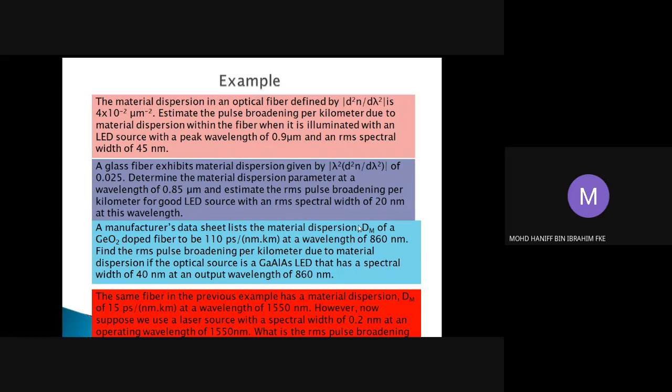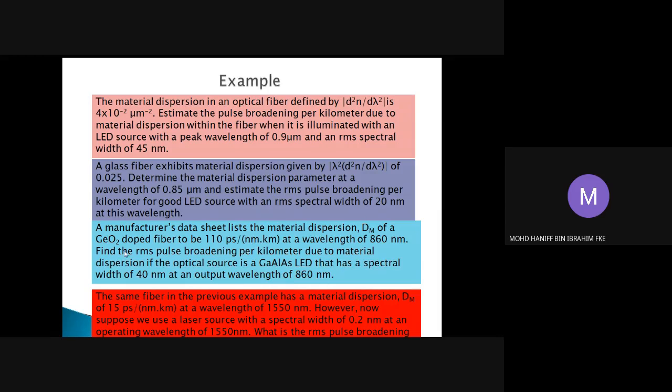This is quite straightforward because we are given the Dm straight away, and we are given the wavelength. We need to obtain the RMS pulse broadening per kilometer due to material dispersion if your spectral width is 40 nanometer at the output wavelength.